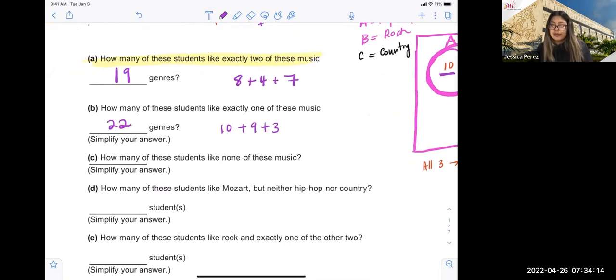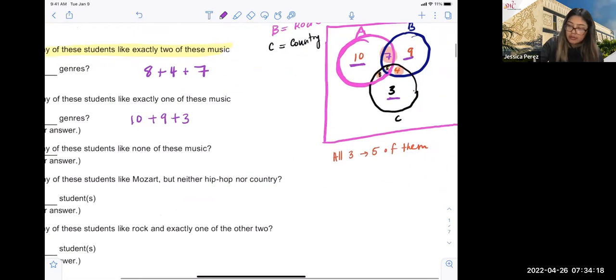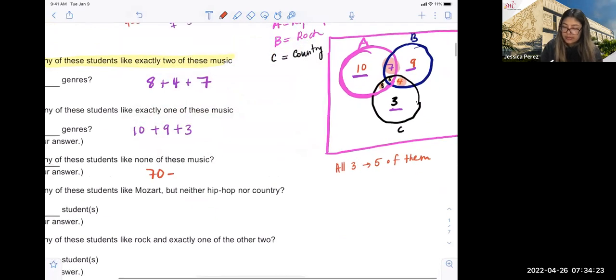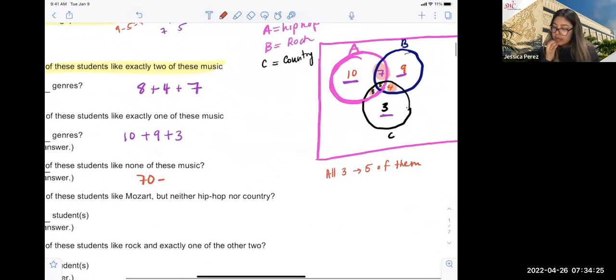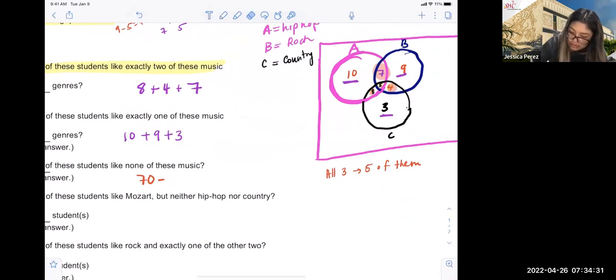Okay. How many of these like none of the music? Well, you first count the total. We have 70 students. Well, you have 10 plus 7 plus 5 plus 8 plus 4 plus 9 plus 3.